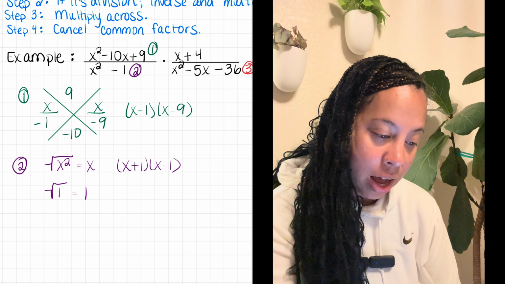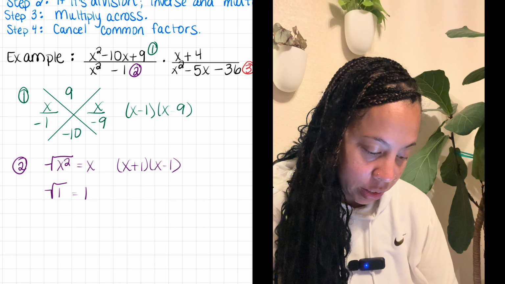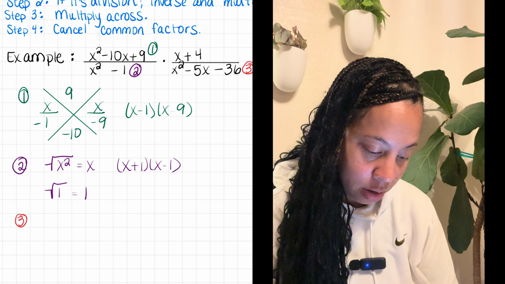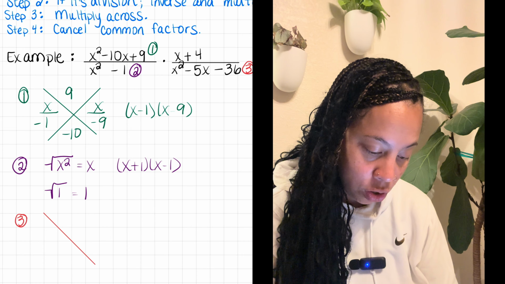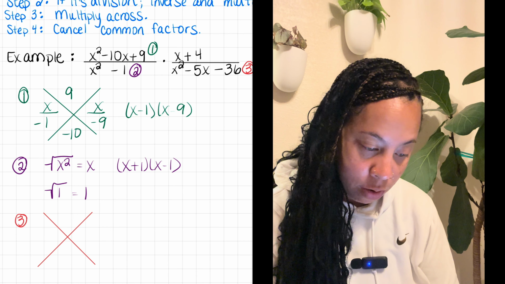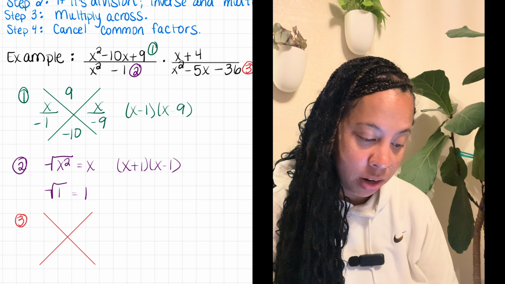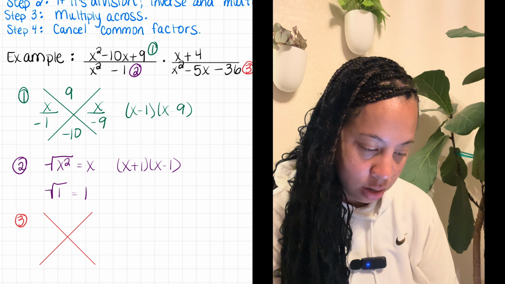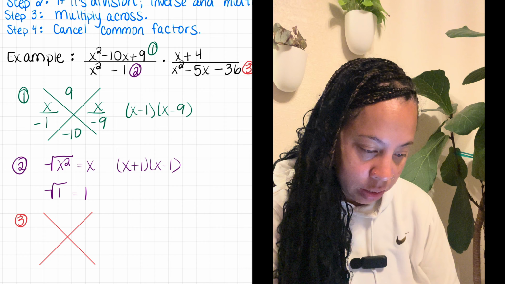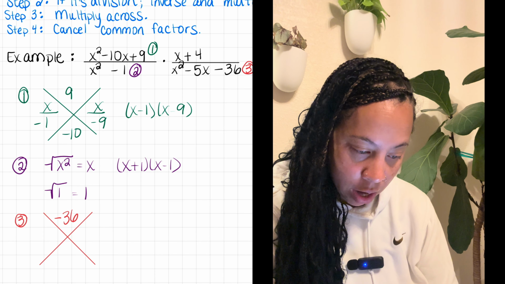And then on the very last one, I'm also going to say that's a diamond method. Remember my considerations. There's no number in front of x squared that could potentially be divided out by all of them, and there's no x on the 36. So we have negative 36 and a minus 5.